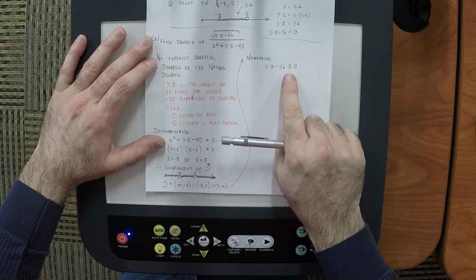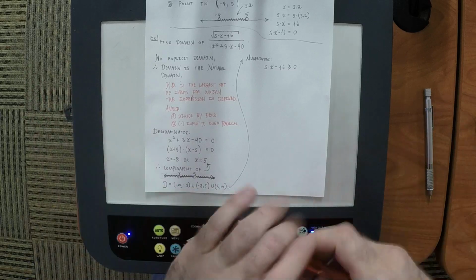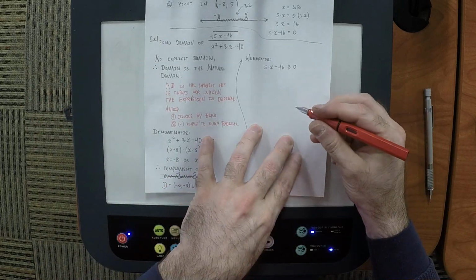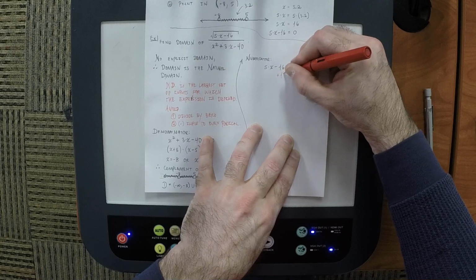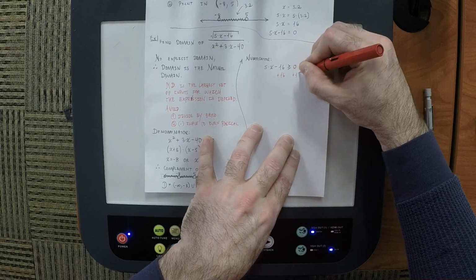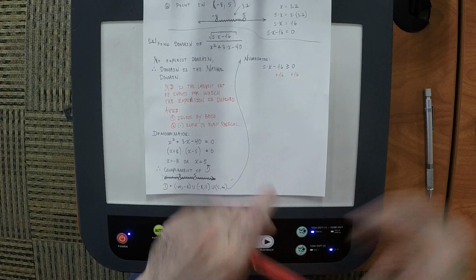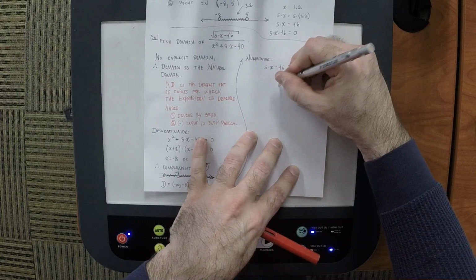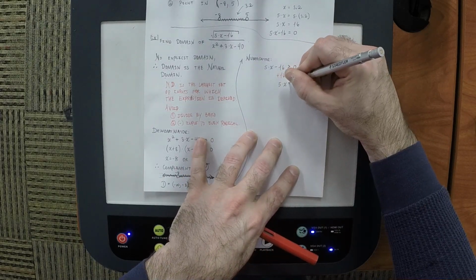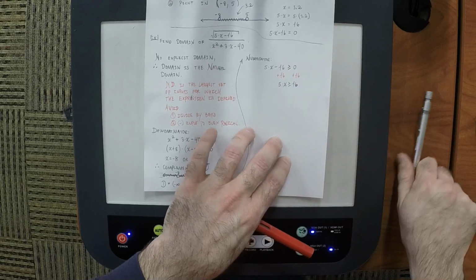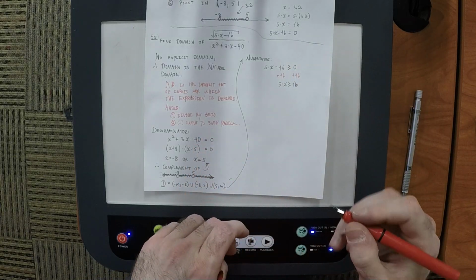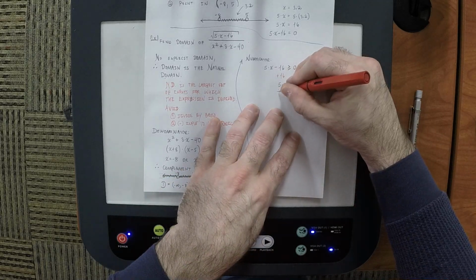All right, how do we solve this? Well, we could add 16 to both sides. So that 5x is greater than or equal to 16. Now what? Divide both sides by 5.